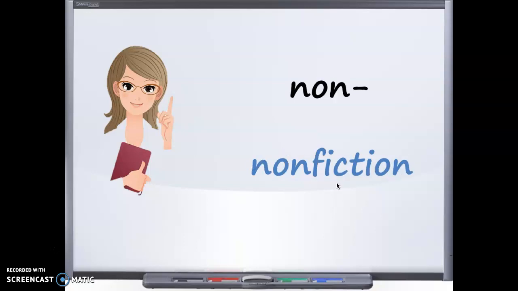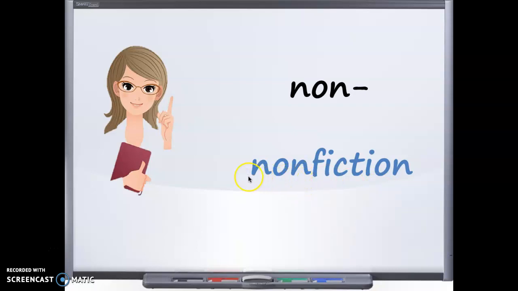All right, last example. The last prefix that you're going to be looking at this week is the one non. Nonfiction has the prefix non in it and the base word fiction. We all know that a fictional story is one that is made up, correct? I always like to use this example with my readers because non also kind of looks like not, and it actually kind of means not.